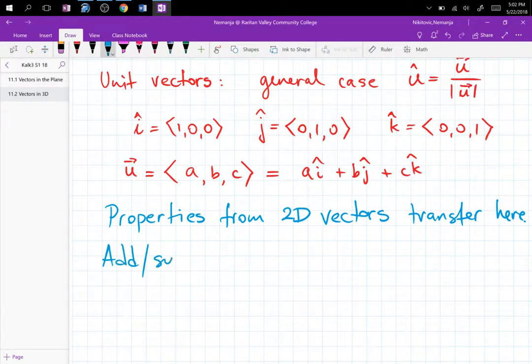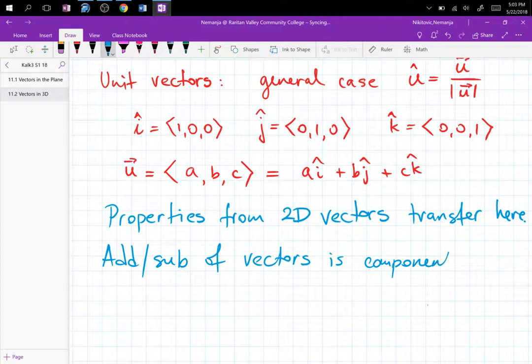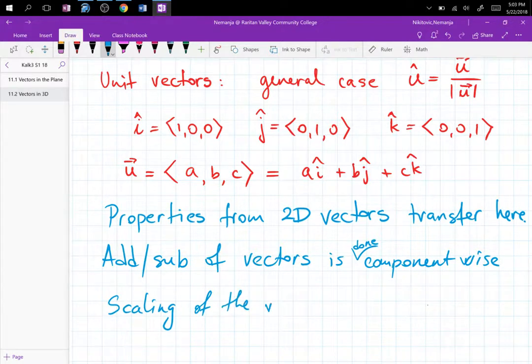Addition or subtraction of vectors is done component-wise, and then scaling of the vector is done by c times u.